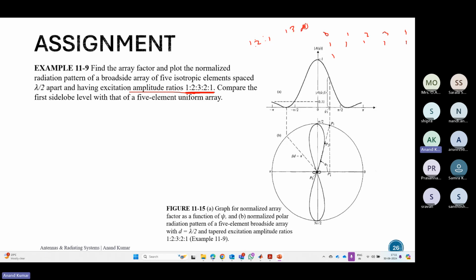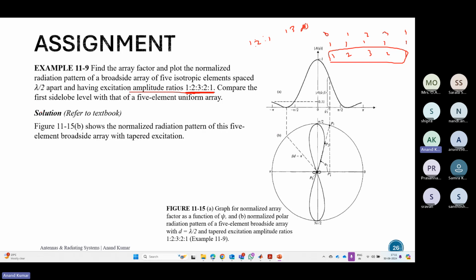What we can do is give the elements power 1, 2, 3, 2, 1, and this will actually reduce the side lobe level significantly. For the solution you can refer to the textbook, but for your knowledge, the side lobe level upon giving power in this fashion is achieved to be 19.2 dB.